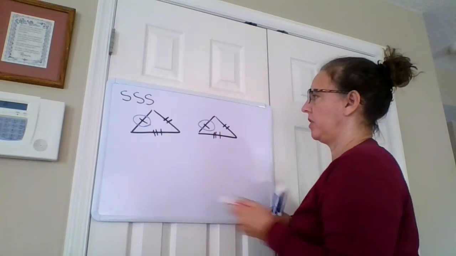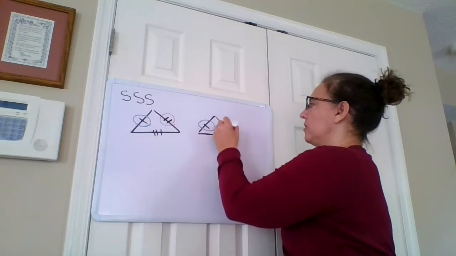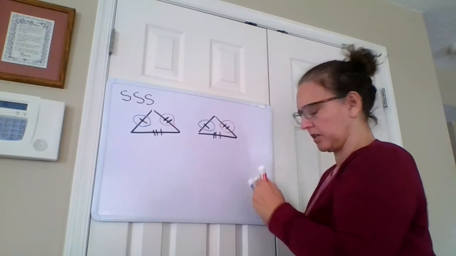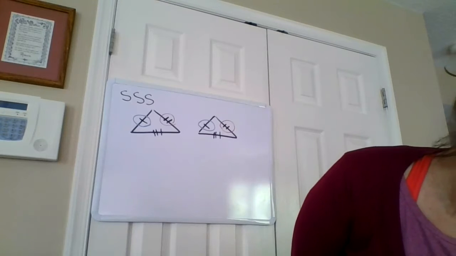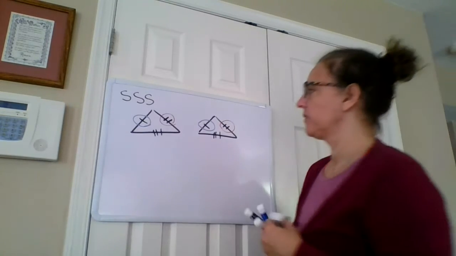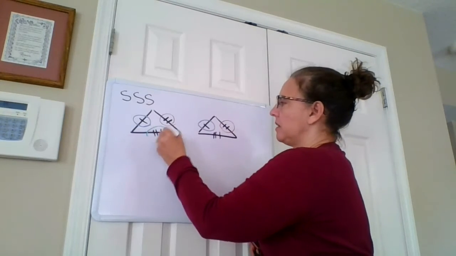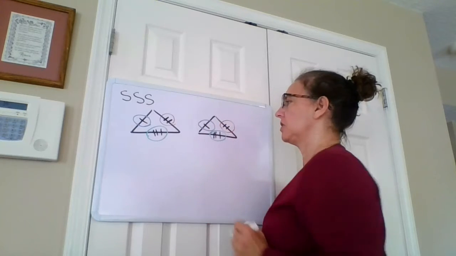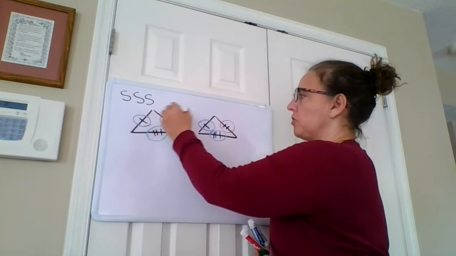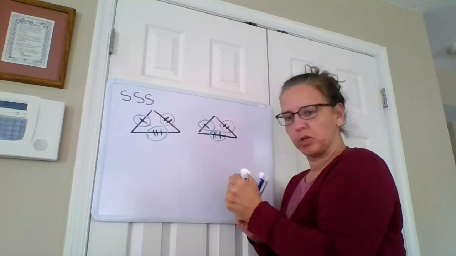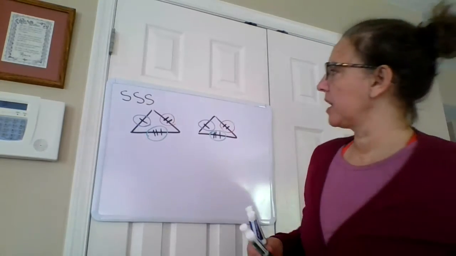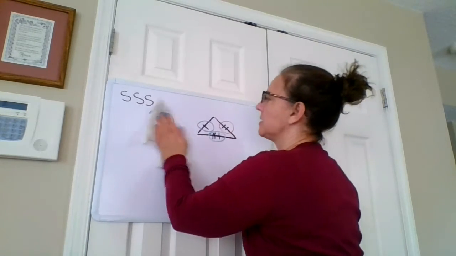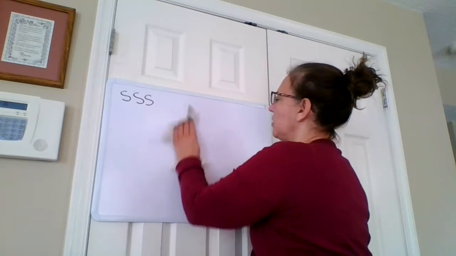I have another side on this triangle that is congruent to another side on this triangle. And let me get a new color. I have one more side that is congruent to this triangle. If the three sides match up between the two triangles, you can say they are congruent because of side, side, side. I need to go back.